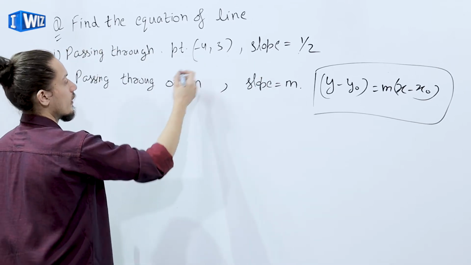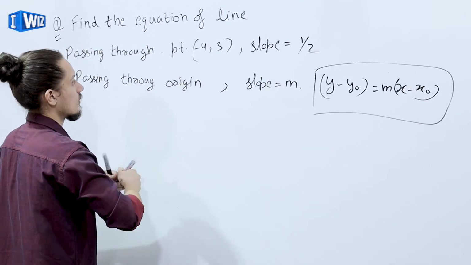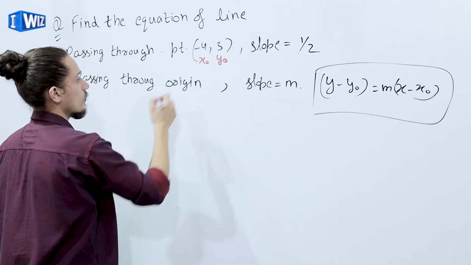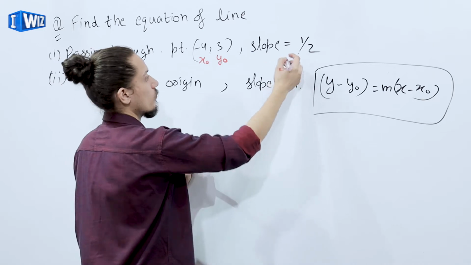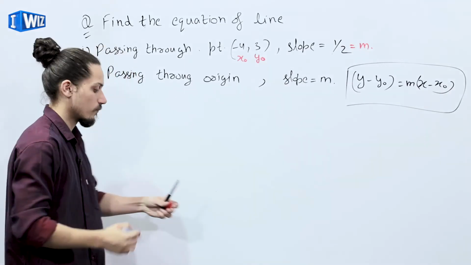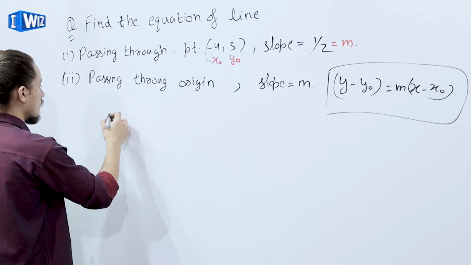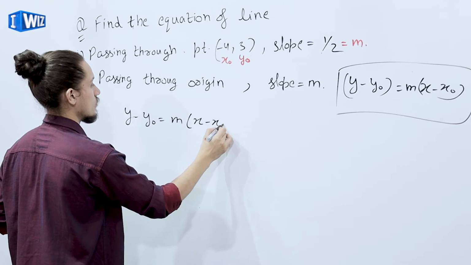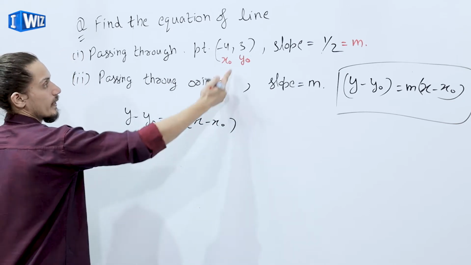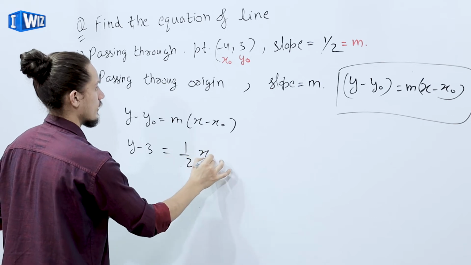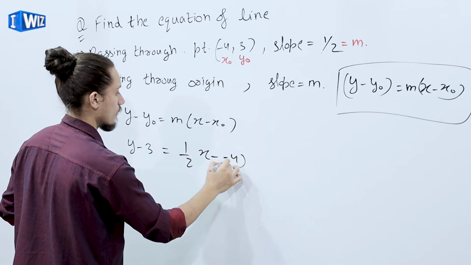तो यहाँ पे हमारे पास y naught is equal to 3 and x naught is equal to minus 4 and slope is equal to 1 upon 2, so 1 upon 2 is equal to m. So using point slope form we can write y minus y naught is equal to m times x minus x naught, or y minus 3 is equal to 1 upon 2, x minus of minus 4.